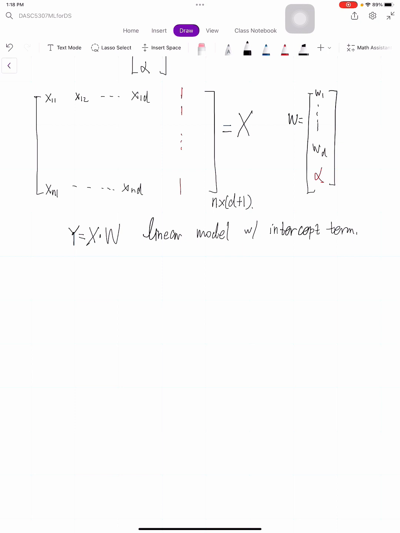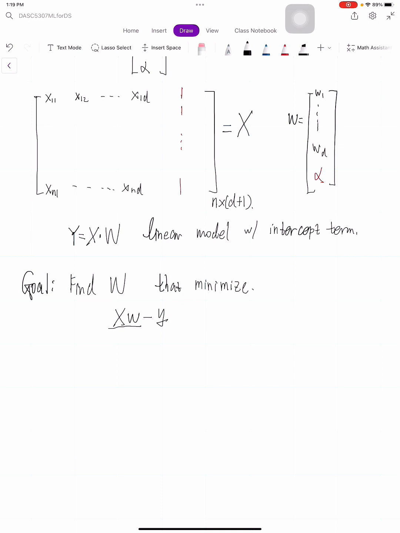So now the problem simplifies: the goal is to find this w vector that minimizes the distance between Xw and y, because each is a vector.